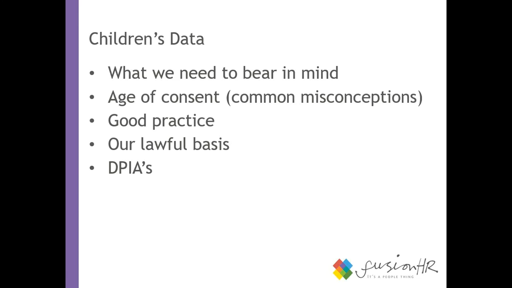If you wish, you might do it at 13 if you're a primary school, for example, simply because up until that point you would quite like the parent to make that request on the data subject's behalf. However, if the children wish to exercise their rights and you feel that they would be able to understand the implications of doing so, then they are ultimately entitled to receive it.